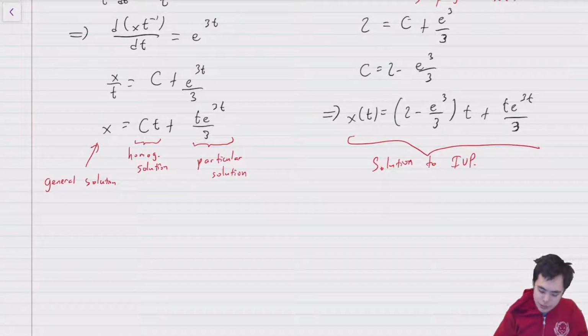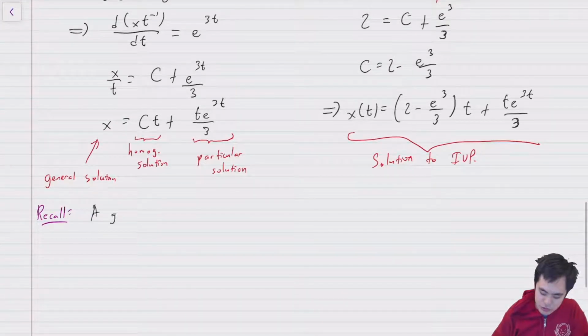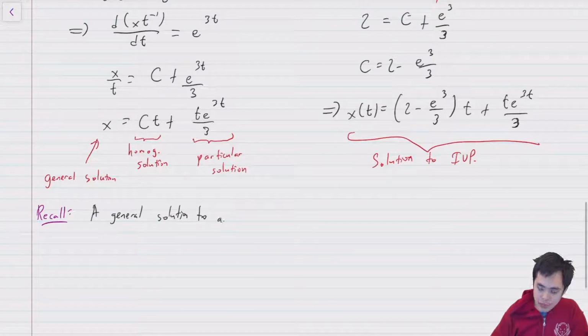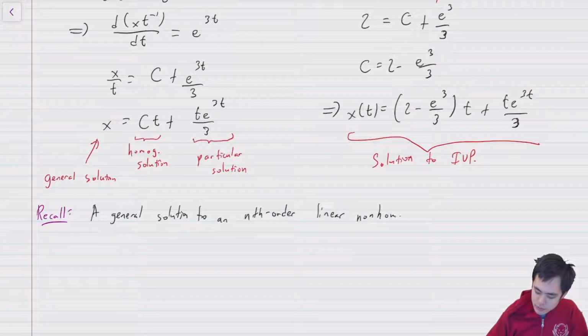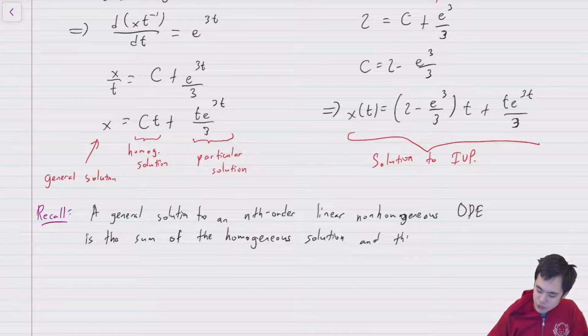But yeah, so just in general, recall that a general solution to an nth order, this is first order, but let's talk about nth order, linear, non-homogeneous ODE is the sum of the homogeneous solution and the particular solution.